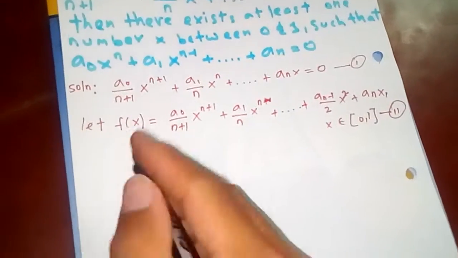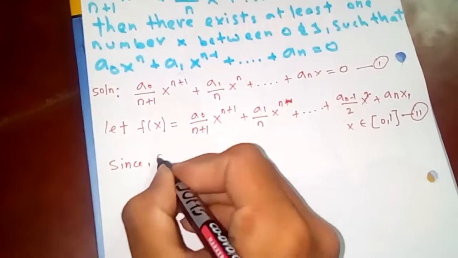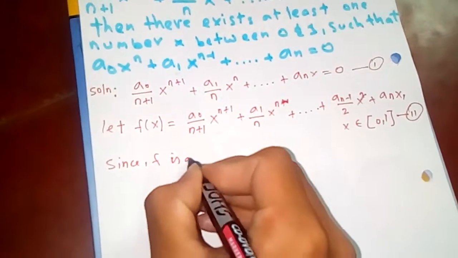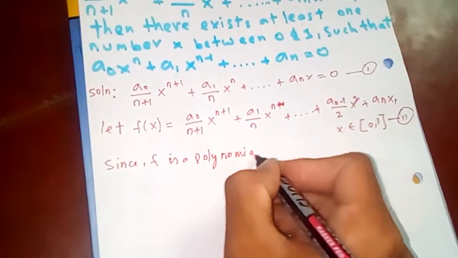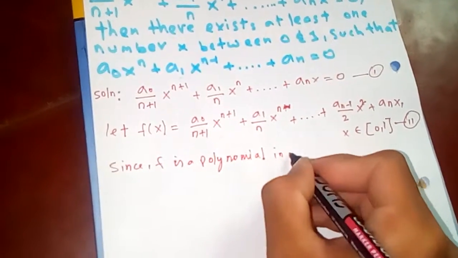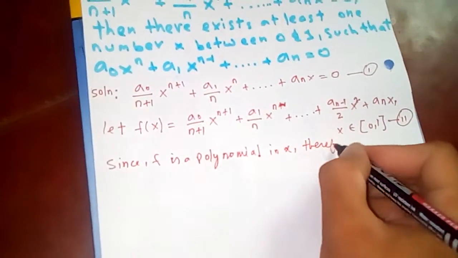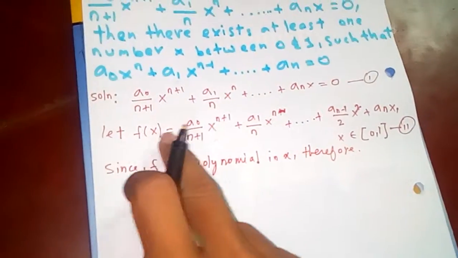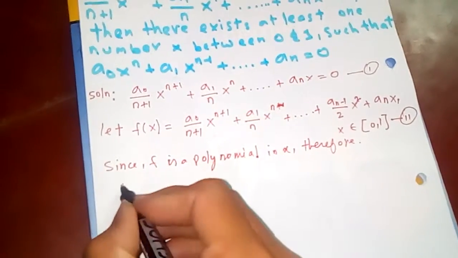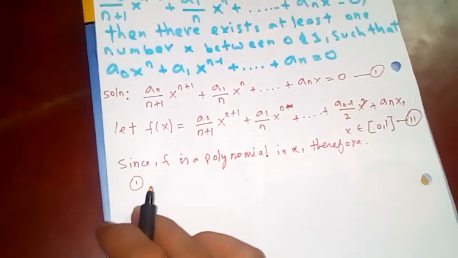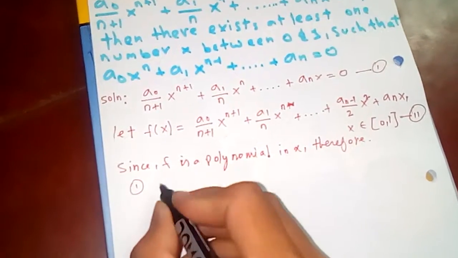Now since f is a polynomial in x, therefore, since f of x is a polynomial function, you should know that every polynomial function is continuous.